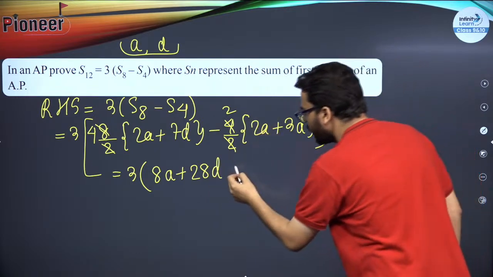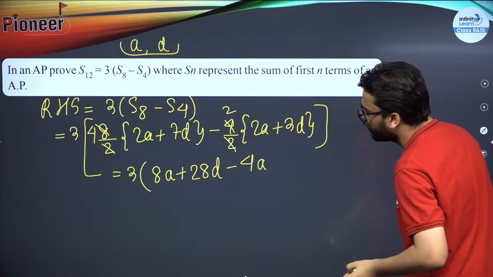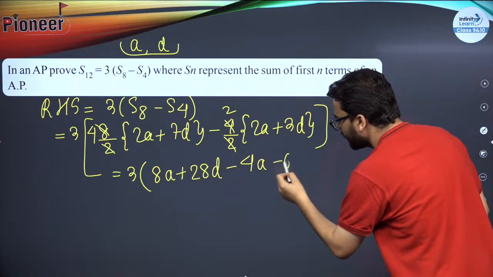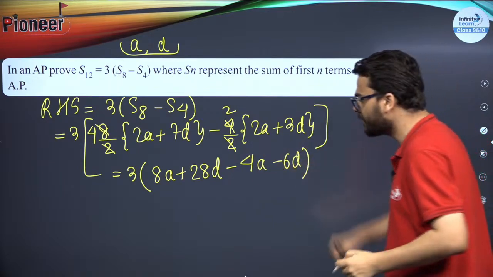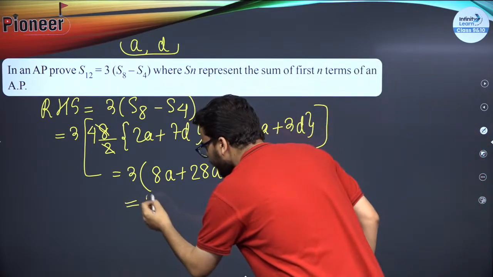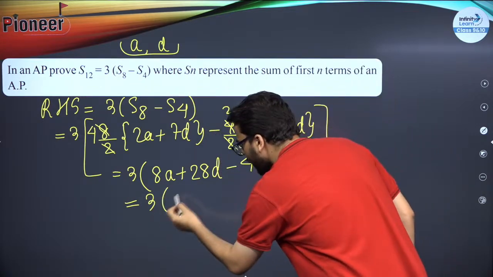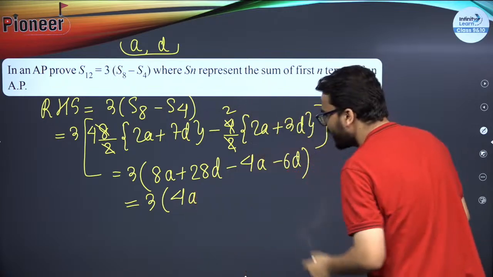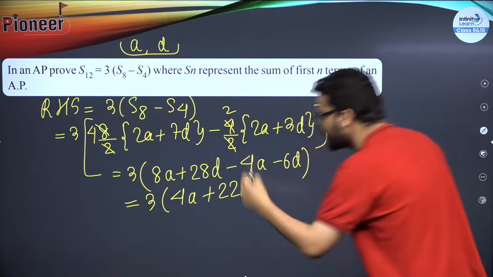If I simplify over here, I'll get minus 4a and minus 6d. So this is the expression which we are getting. Let's simplify it further. We are going to get 3 into 4a over here, 28 minus 6 is 22, so plus 22d. I hope this is clear.